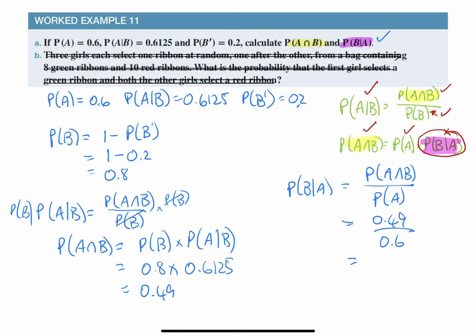I'll quickly check on my calculator: 0.49 divided by 0.6 gives us 0.82. Right, so that will be my final answer.